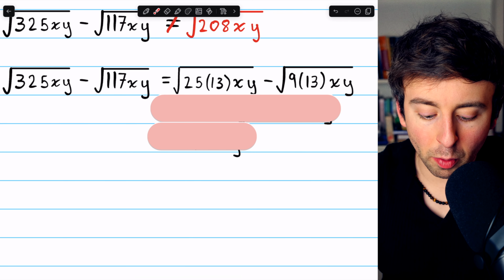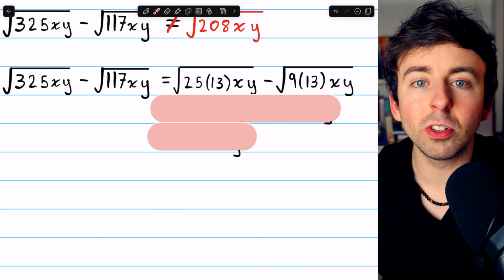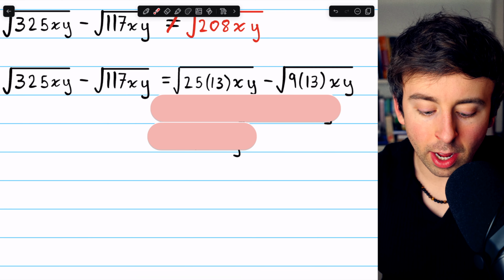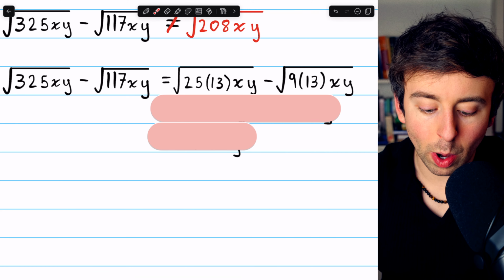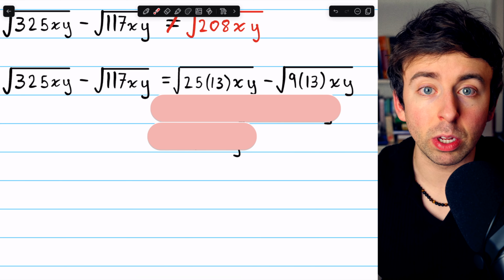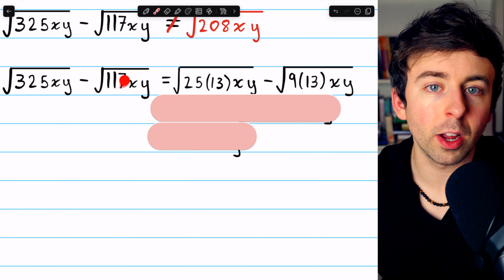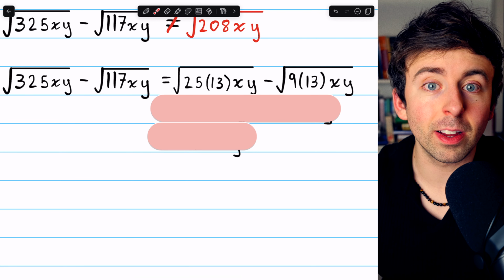If we look over at 117, the sum of the digits is 9, which is divisible by 3. So 117 is definitely divisible by 3. But again, we're in a square root, so it's going to be particularly nice if 9, 3 squared, is a factor of 117. Since 3 is a factor, we should check if its square is a factor.